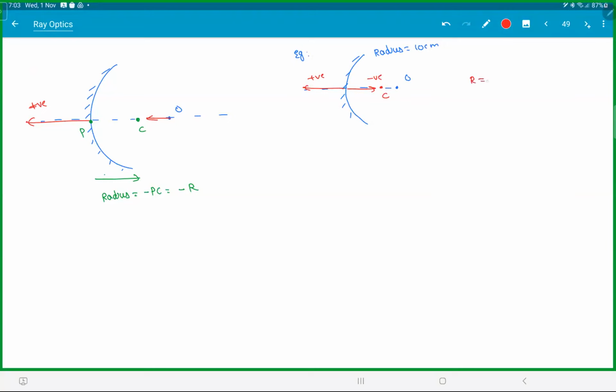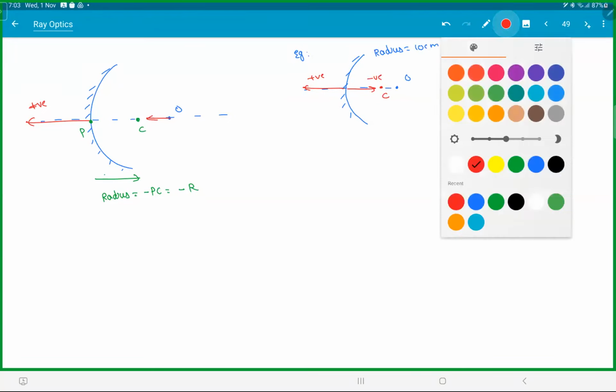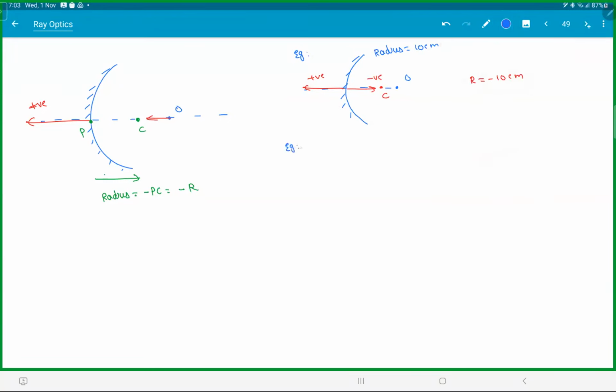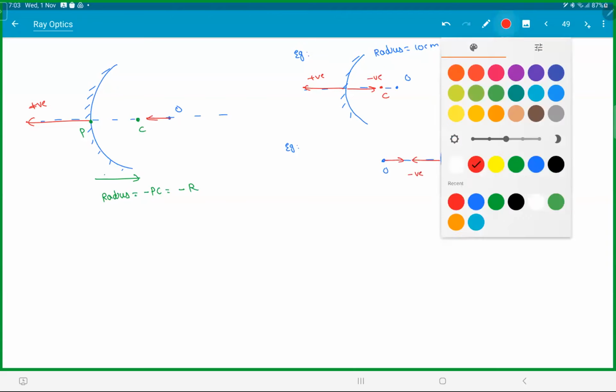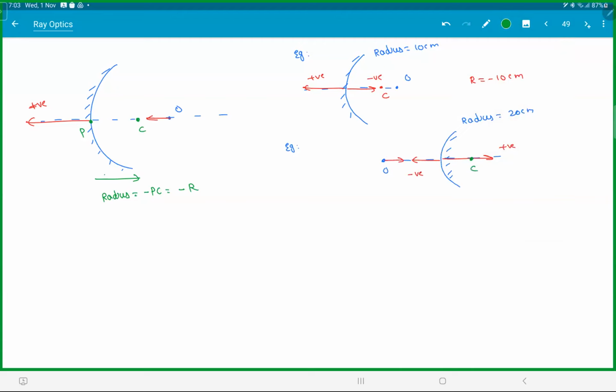So R is minus 10. Suppose you have a mirror like this, let's say radius is 20 centimeter. Object is here. Now, light rays are going this way. This is positive, left side is negative. Where is the center for this mirror? Center will be somewhere here. The radius is plus 20.